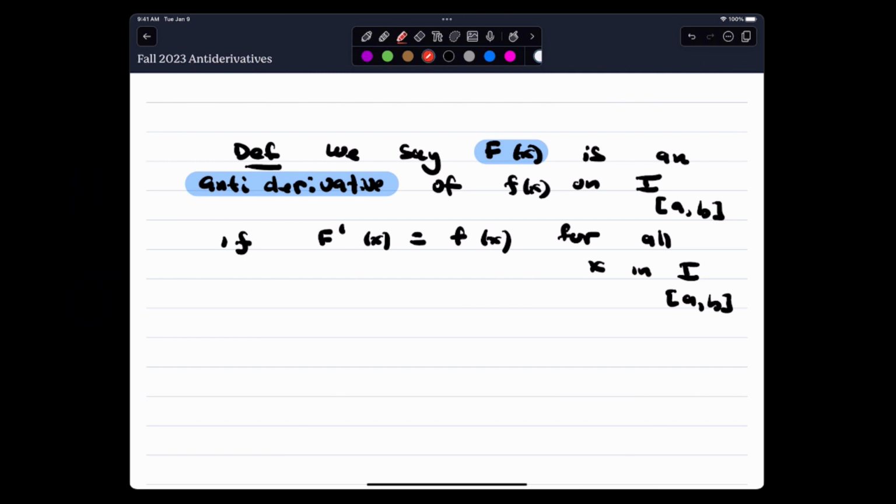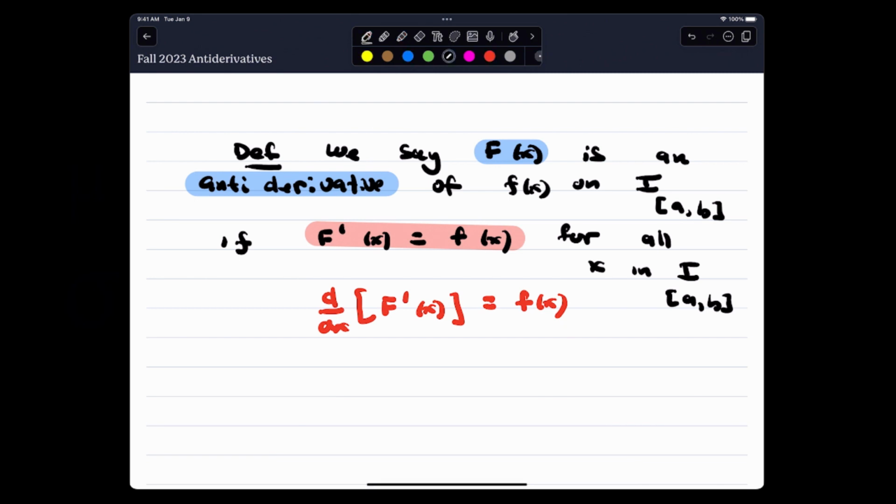But notice in the definition what that really is. That's saying that you have to differentiate some function F, and it equals f. That's essentially what they're saying here. And it's the antiderivative of this little f function.